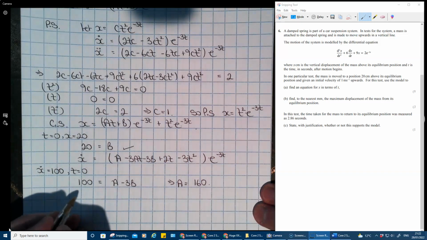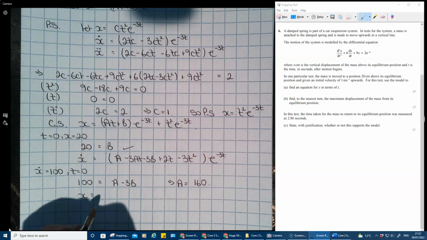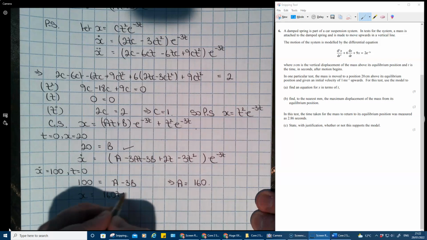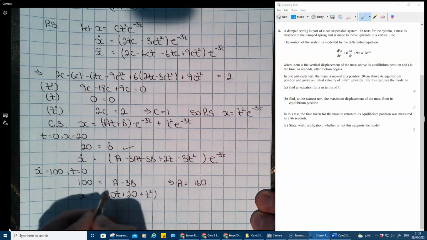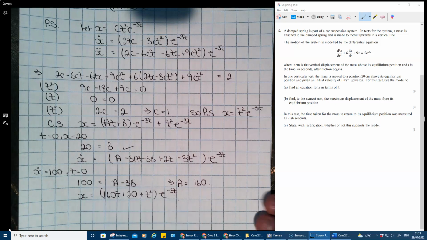Okay, so now I've got x equals (160t plus 20) plus t squared, e to the minus 3t, this particular scenario. And then we've got find the time.